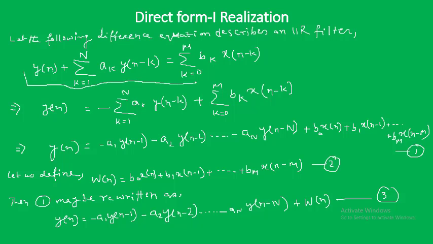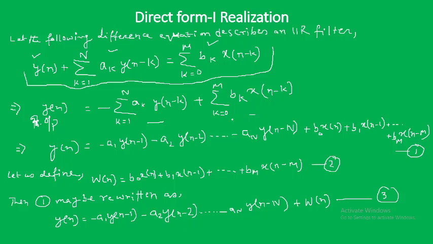Here this is our present output, these are the past outputs, and here we have both the present and past inputs. If we take this to the right hand side, we can represent the present output, writing PR for present output, as a function of past outputs and present and past inputs.